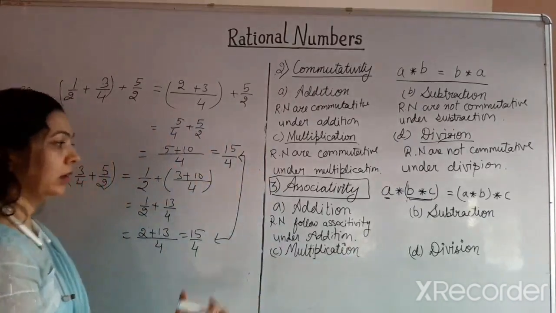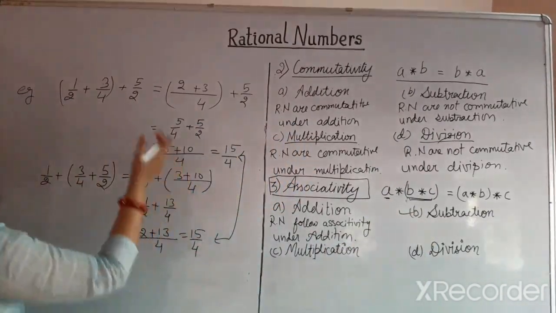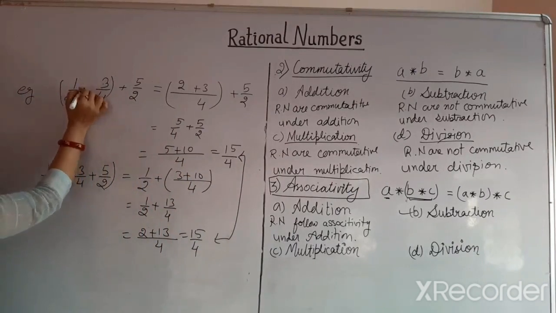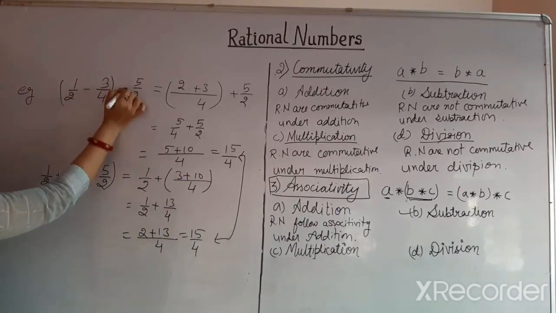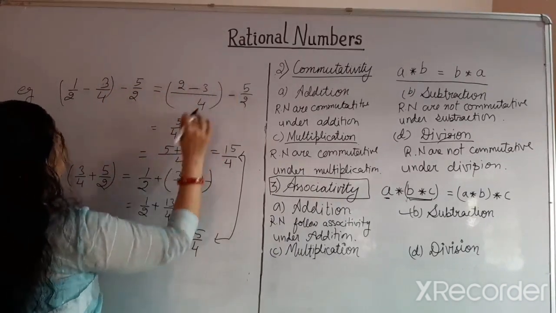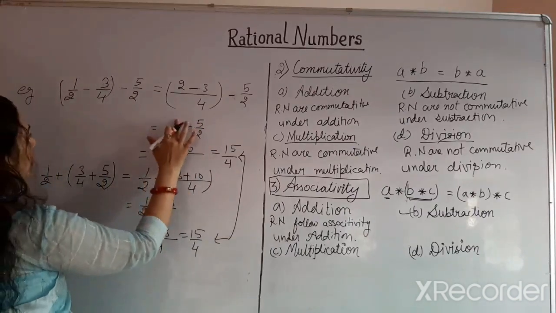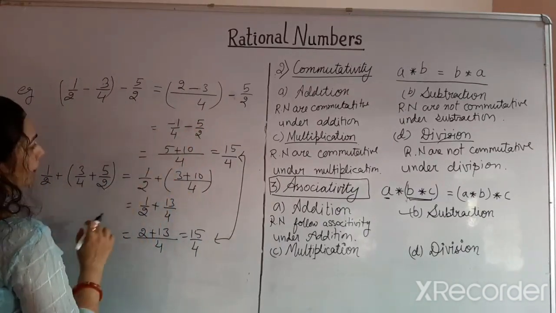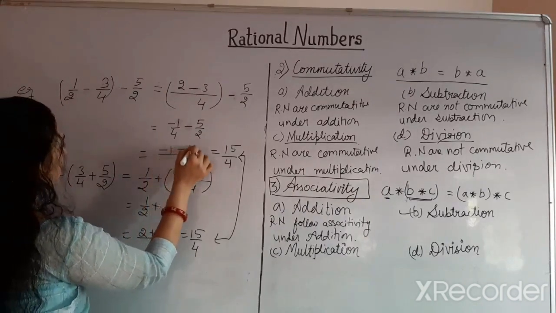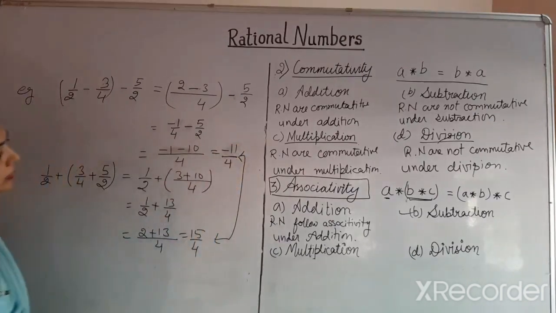Right? But what about subtraction? If we take the same example for subtraction, suppose we have to subtract these, so what would be the result? Okay, so here minus 1, again LCM, so minus 1 minus 10, it would be minus 11 by 4.